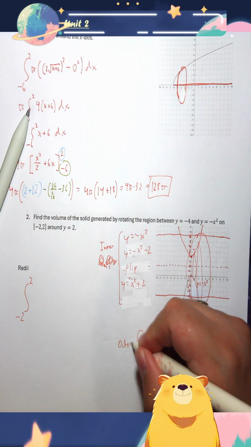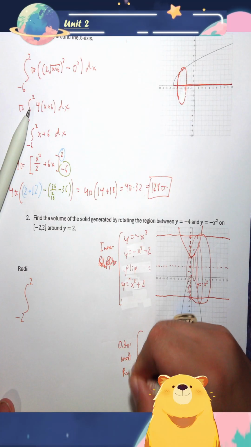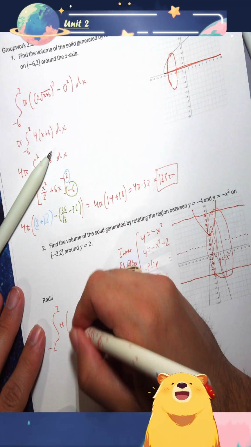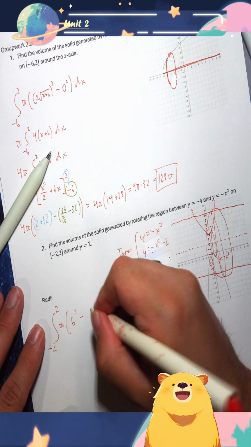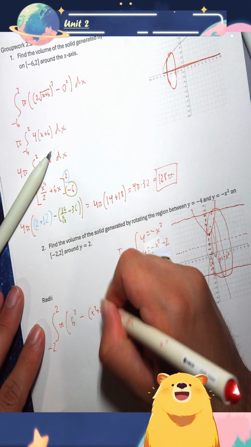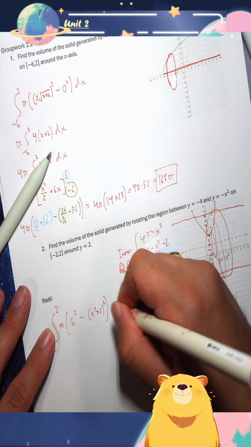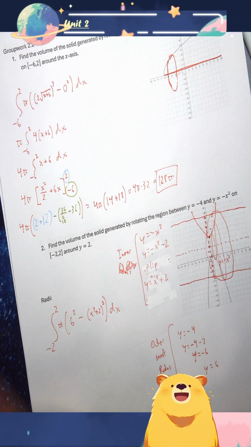Outermost radius. So pi times the outermost radius, which is 6 squared, minus the innermost radius, which is x squared plus 2, squared, dx. And then we can do this.